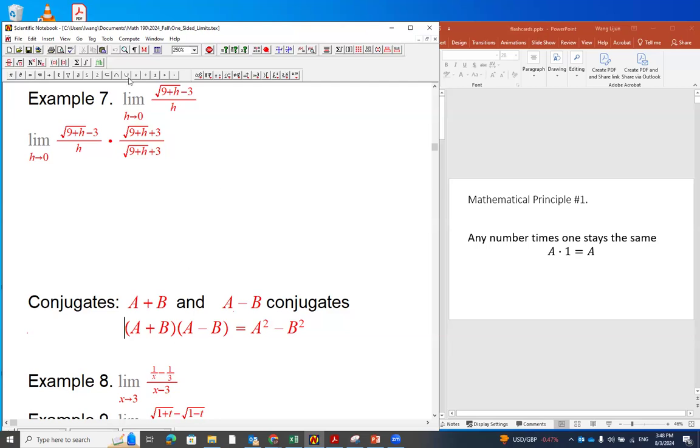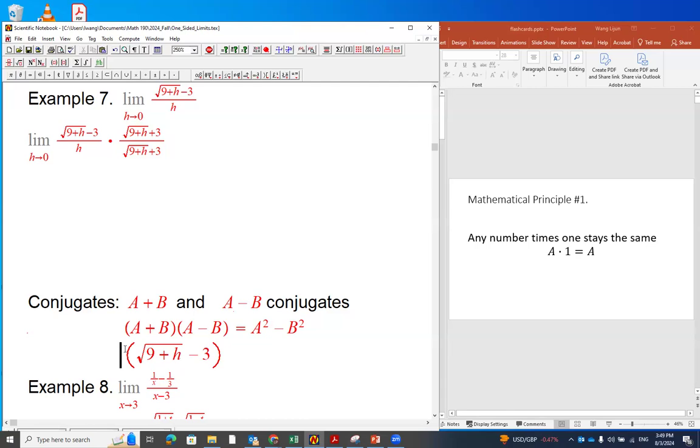So in our case, the square root of 9 plus h minus 3, that's a minus b, and its conjugate is these two. Let's just change the sign. One is a plus, one is a minus, that makes the conjugates. So that's the property we're using here, okay?